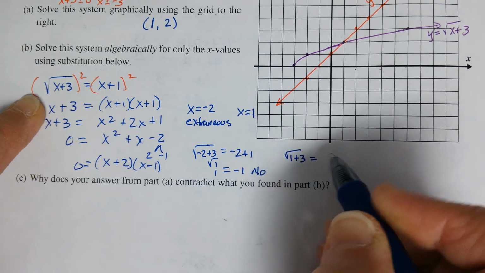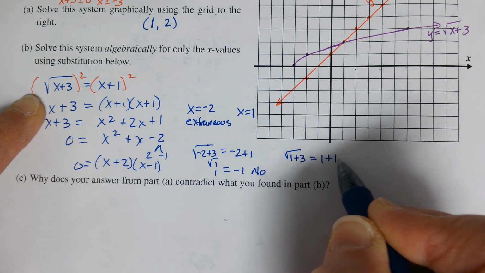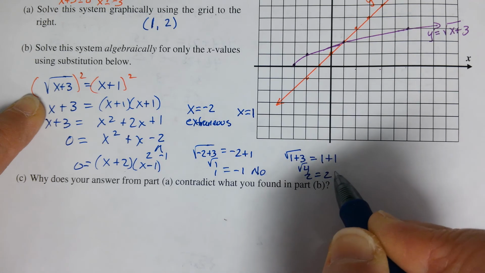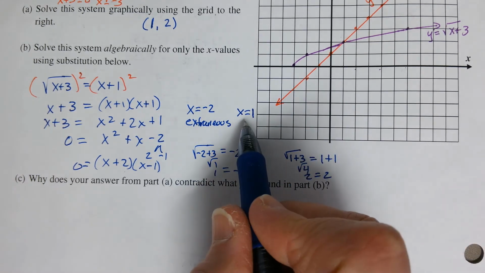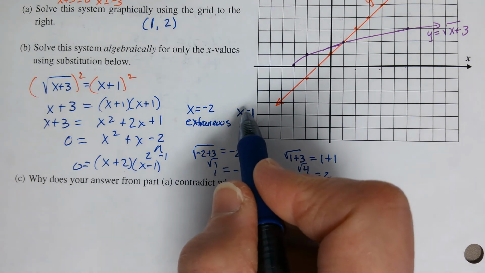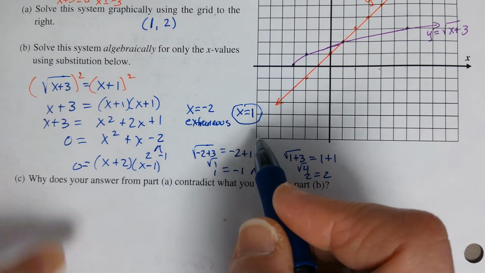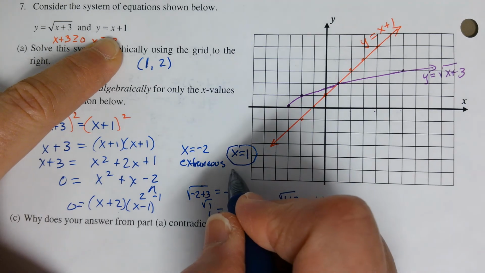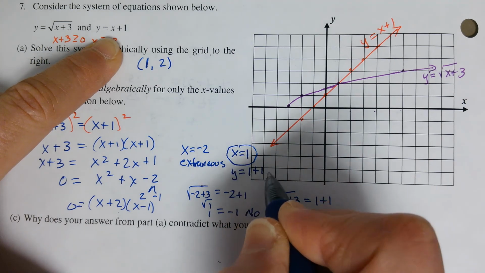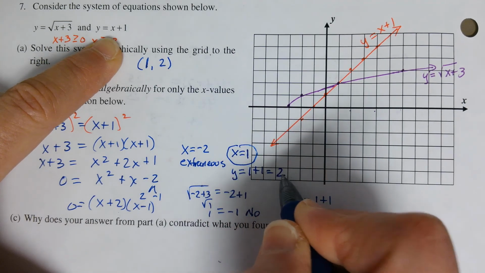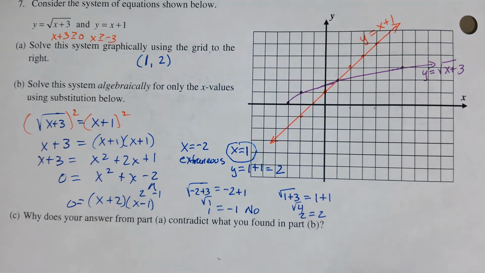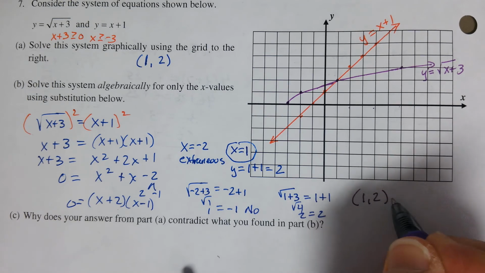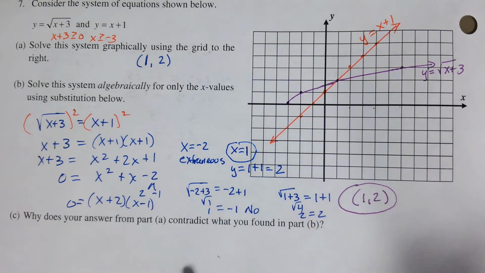Square root of 1 plus 3 equal 1 plus 1? Yeah, the square root of 4 is 2. 2 equals 2, yes. So once we have the value 1 for x, then we find the value for y. Y is equal to 1 plus 1, which is 2. So 1 comma 2 is our solution.